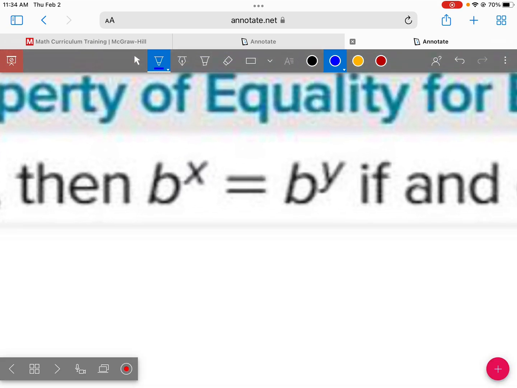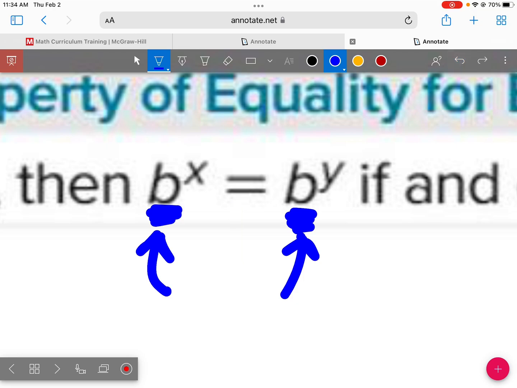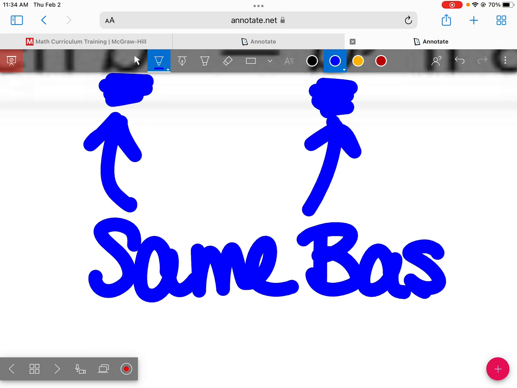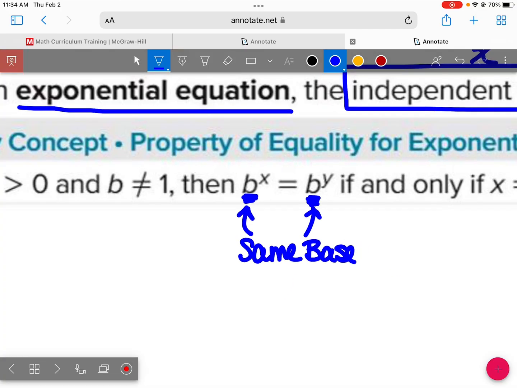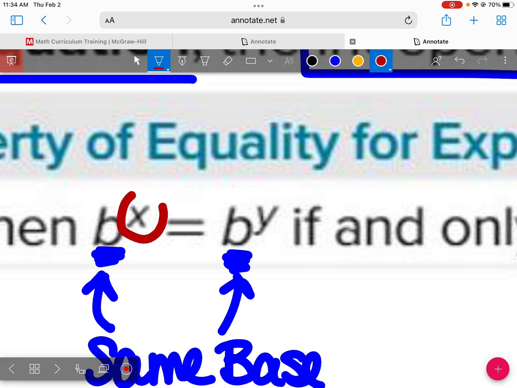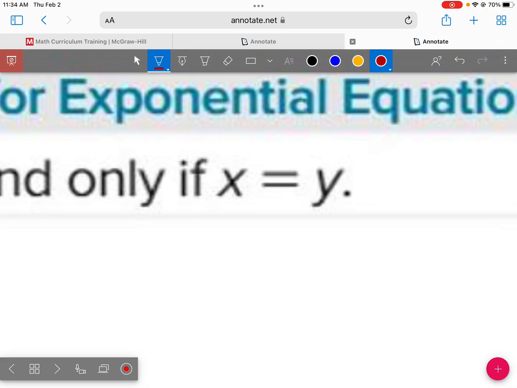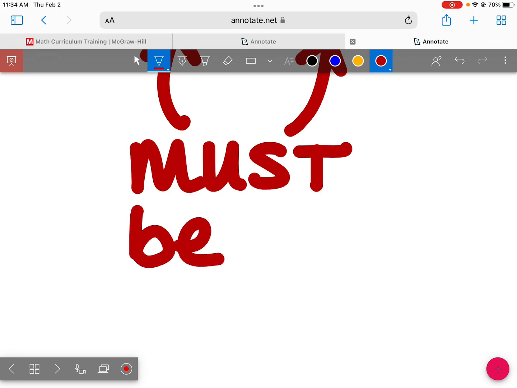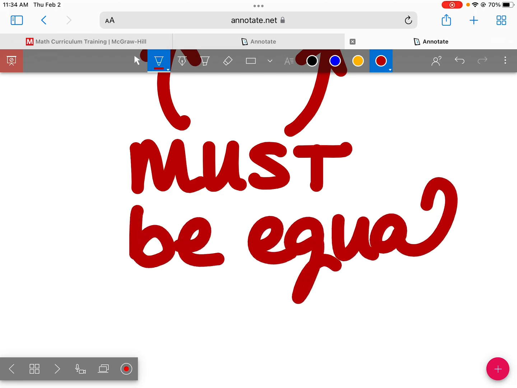If I have two exponential equations and they have the same base, then their exponents would also have to be equal. If I have the same base on the left and the same base on the right, then the exponents have to be equal.